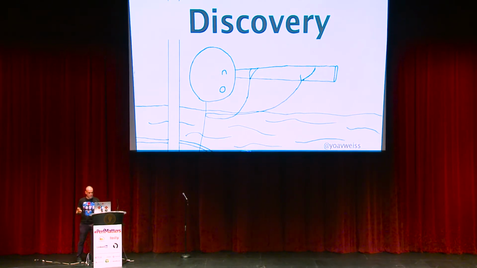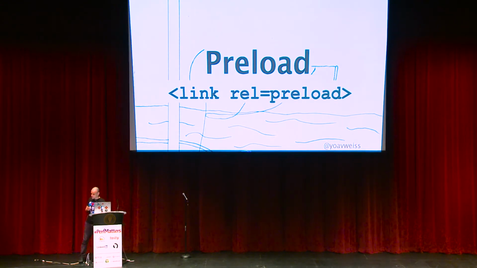So we've talked about resource discovery and the fact that it's a real problem, real latency, making our resource loading latency bound. Preload is another recent feature that I've been working on, which enables you to tell the browser to kick off a resource download without defining the exact point where that resource will be used.